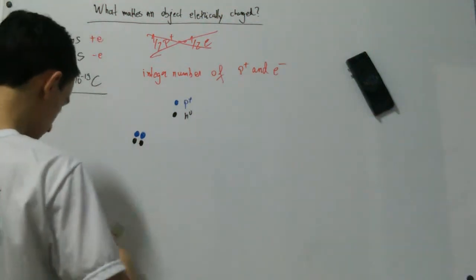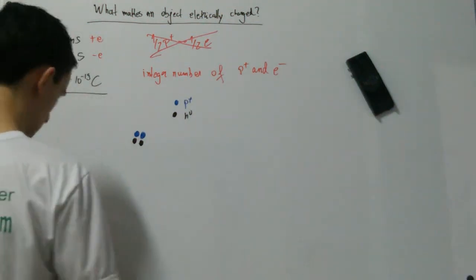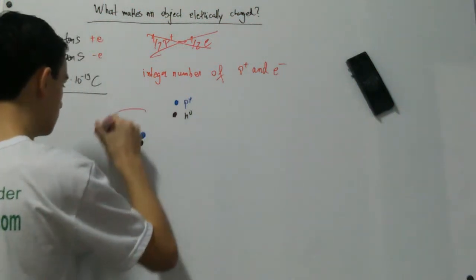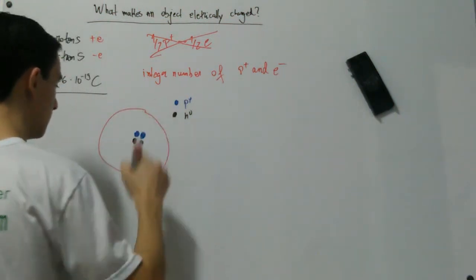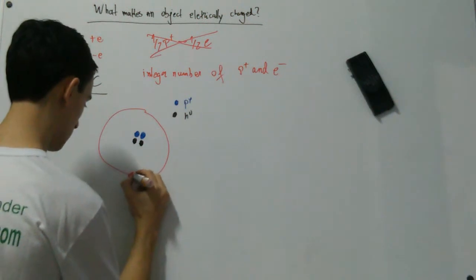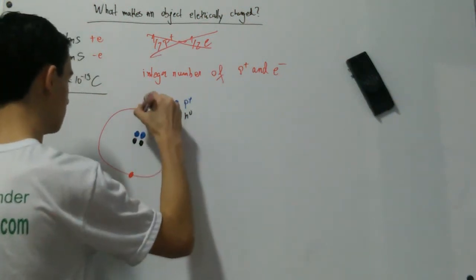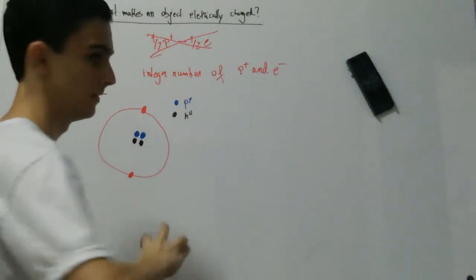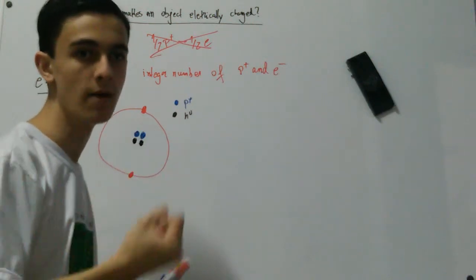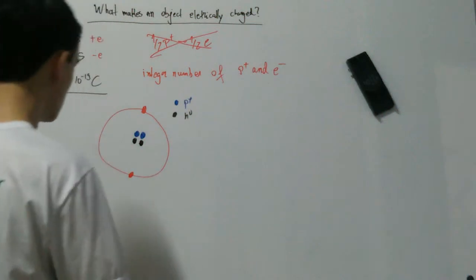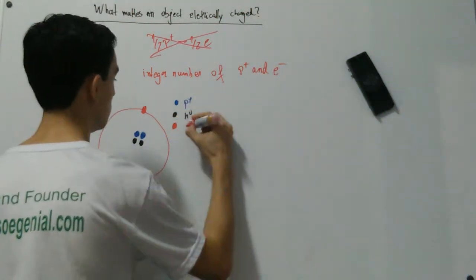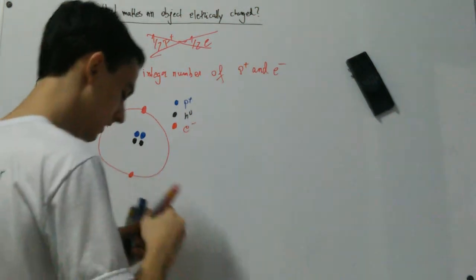And orbiting the nucleus, they are the electrons. So let's say here we have an electron and another electron. Initially the atom is neutral, no charge. I mean the total amount of charge is 0. So 2 protons and 2 electrons. The red ball is the electrons.